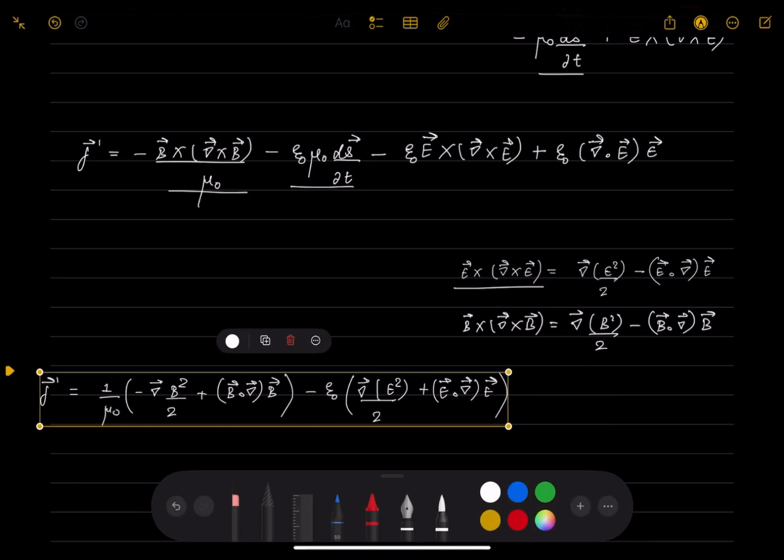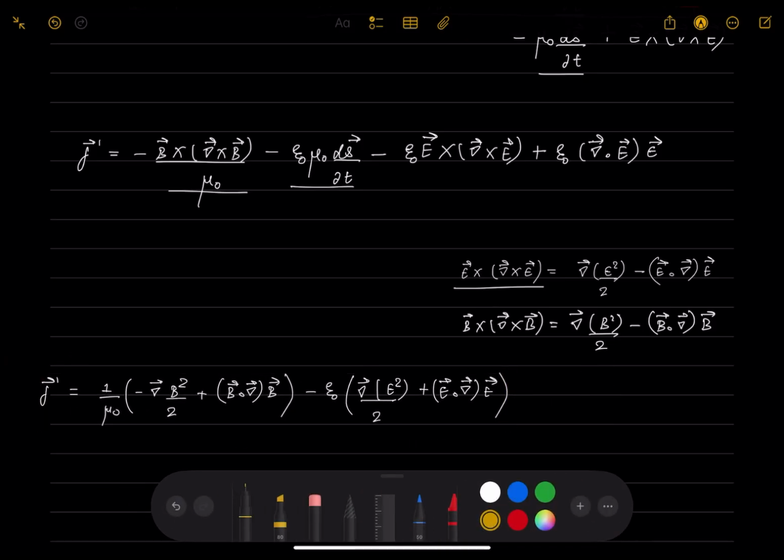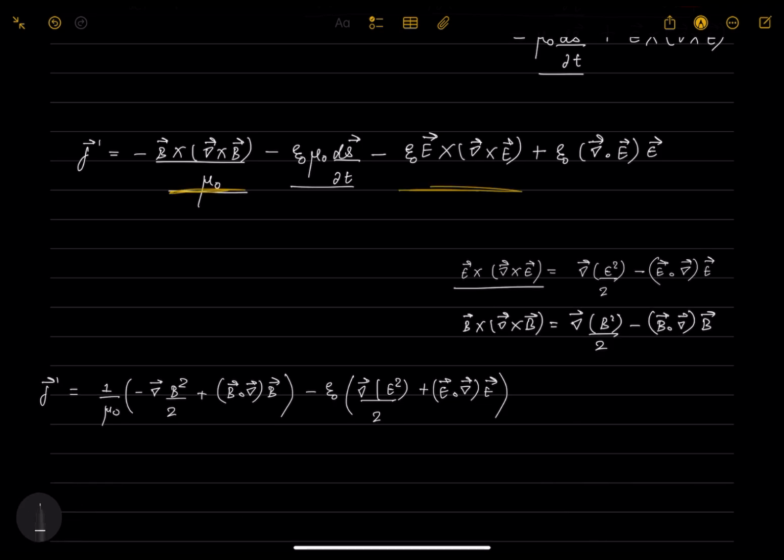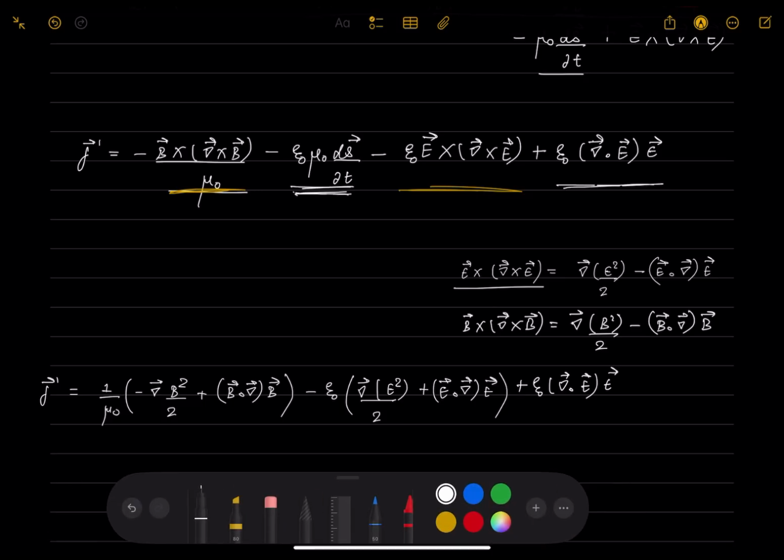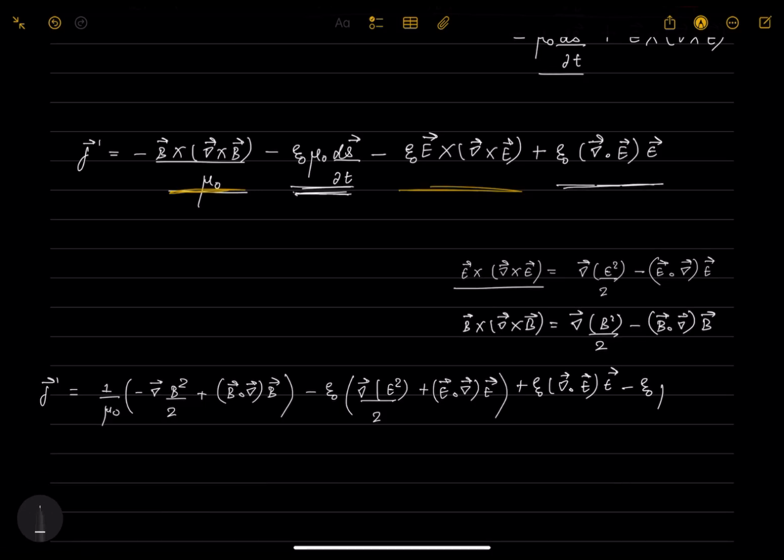So I've replaced these two things, if you can see that. And I'm going to write this term after that, right? It does not matter what the order of addition is because we're just adding the terms. And I'm going to write this particular term with the Poynting vector at the end.